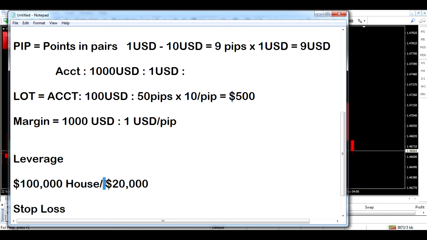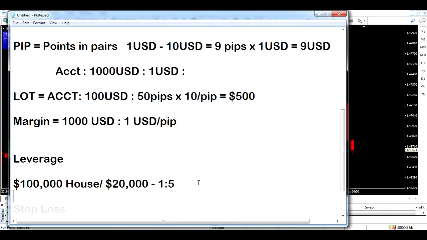So you won't be able to buy this house. If you took a loan, you would be using a leverage of 1:5 to be able to buy a $100,000 house. 20,000 times 5 would be 100,000.